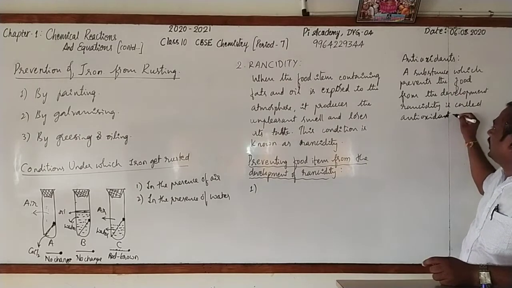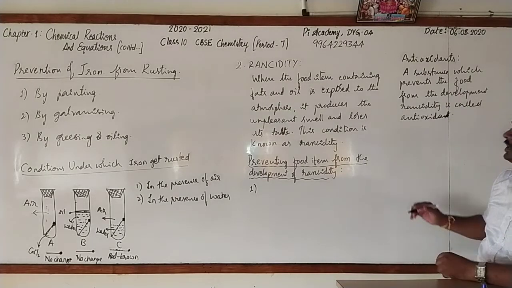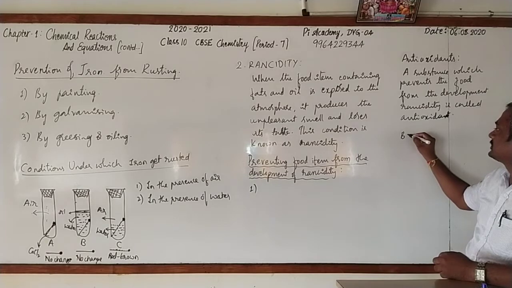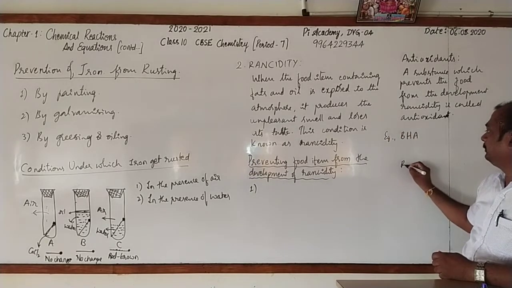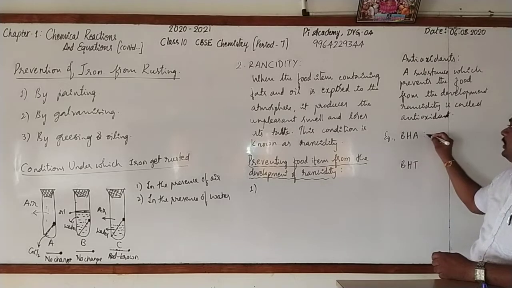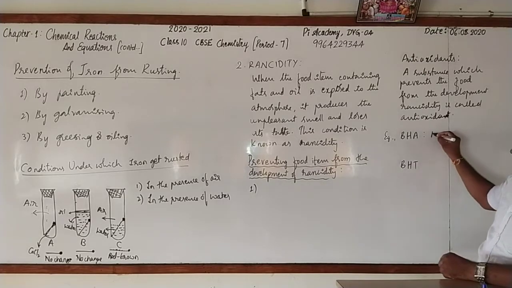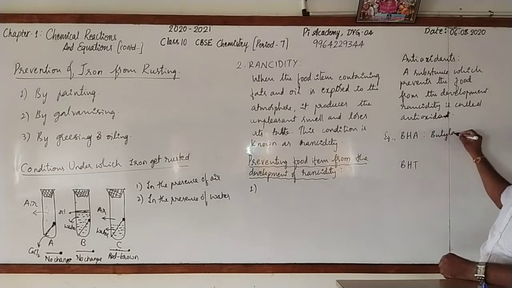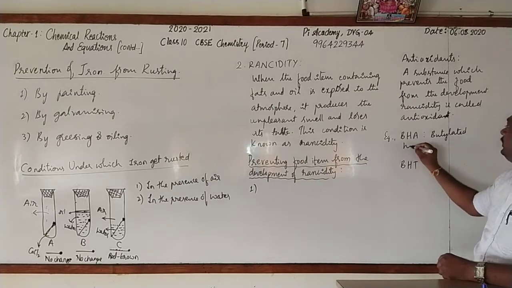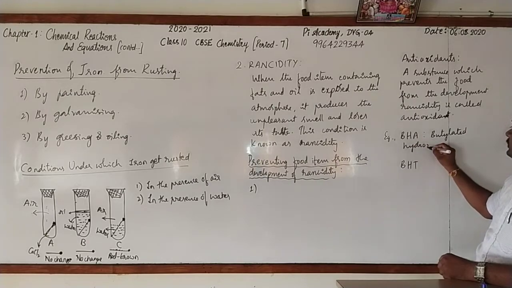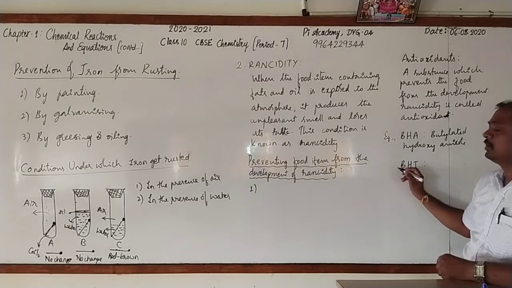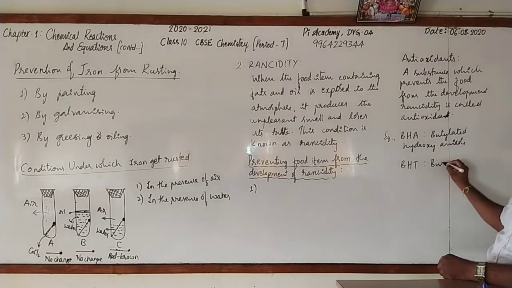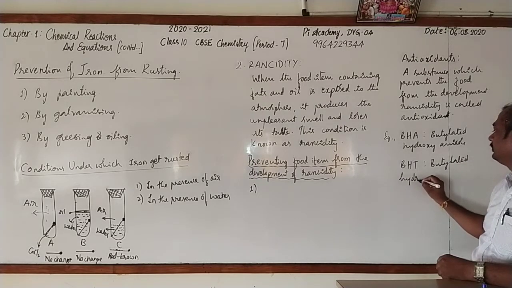Then we have two important antioxidants. One is BHA and another one is BHT. BHA is butylated hydroxyanisole, whereas BHT is butylated hydroxytoluene.